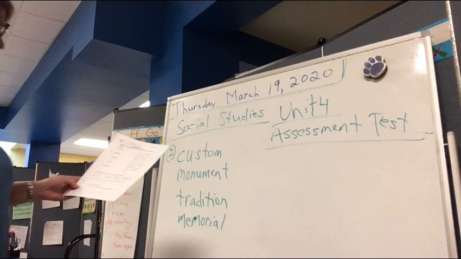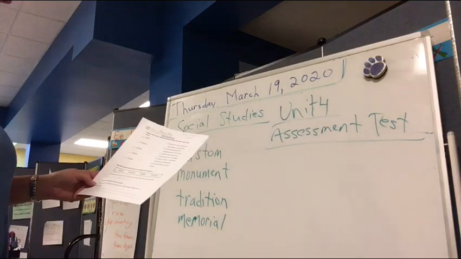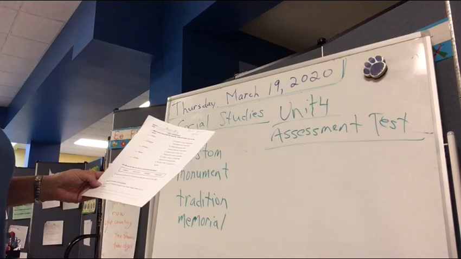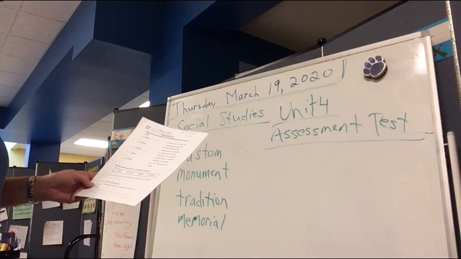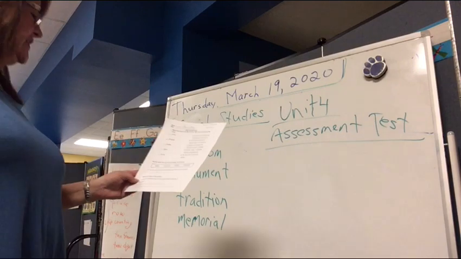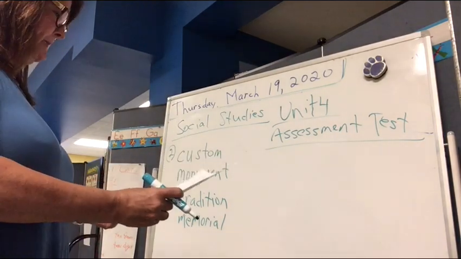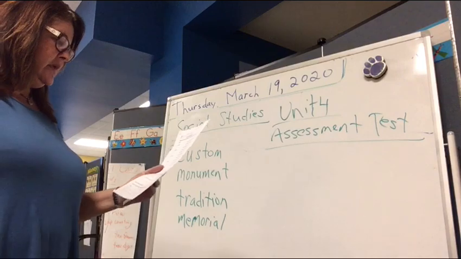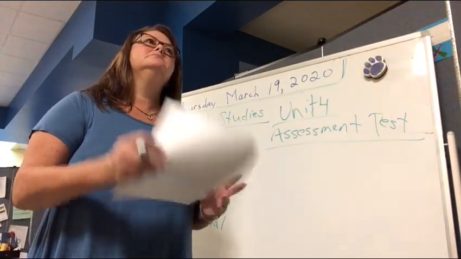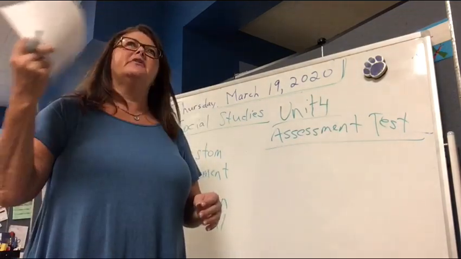Number 3 says, write your answer to the question. What have immigrants brought to the United States? Name 2 or more things. So think about people coming from another country over here.